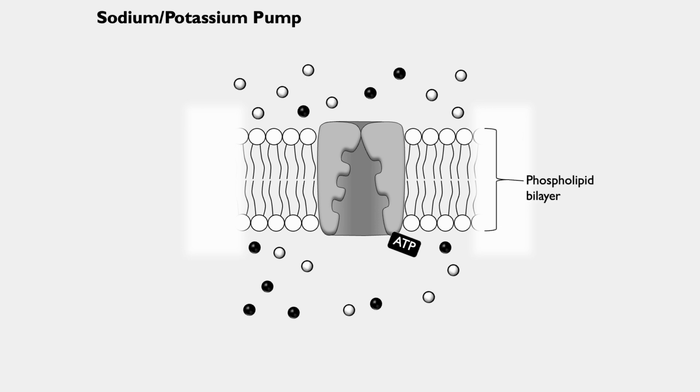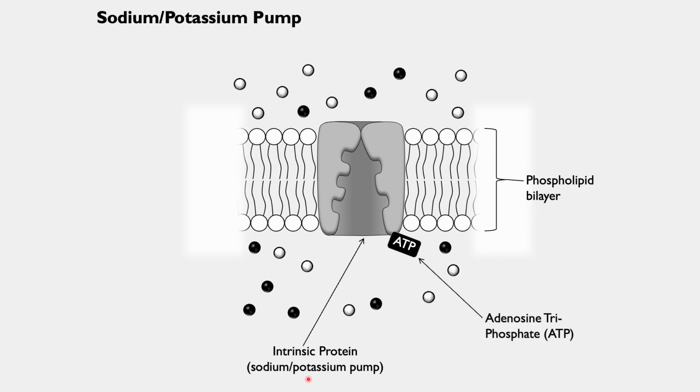So here's our sodium-potassium pump. First, here's our phospholipid bilayer, which we've already talked about. Remember, we have our polar or hydrophilic heads and our hydrophobic tails that are constituting this bilayer. We also have intrinsic protein, which is the sodium-potassium pump itself that sits within the phospholipid bilayer.